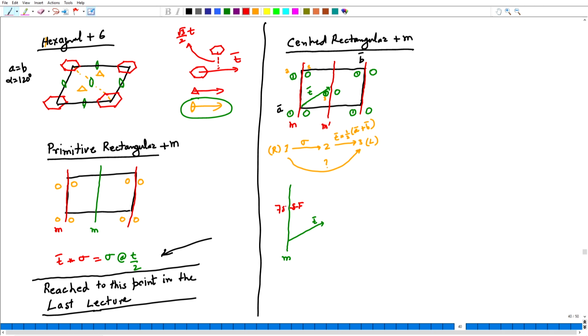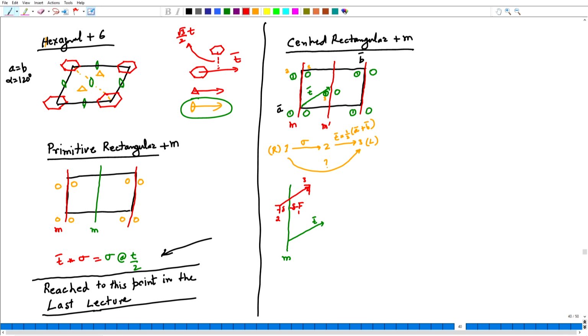Now, this is my motif number 1, this is motif number 2, which is left-handed. The translation operation T would take this motif somewhere here, and the handedness of the motif will not change, and this becomes my motif number 3.